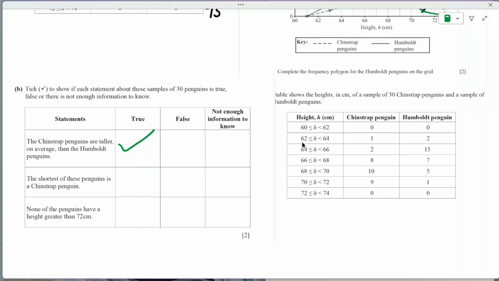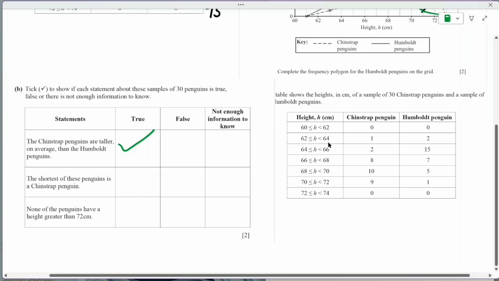You have between 62 to less than 64. That's penguins with heights of 62 and 63. You have one Chinstrap and you have two Humboldt penguins. But the question is the shortest of these penguins. You have just one short penguin under the Chinstrap penguin, then two under the Humboldt penguins.